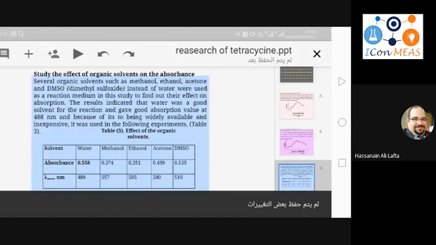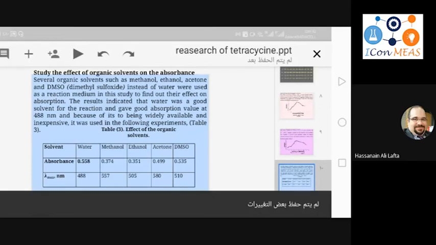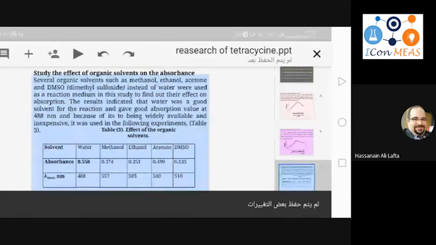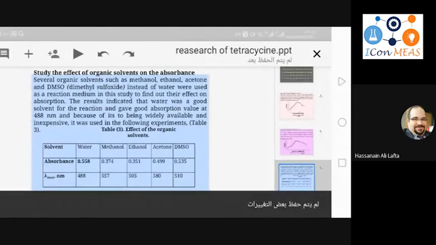The results indicate that water was a good solvent for the reaction and gave a good absorbance value at 488 nanometer, and because it is widely available and inexpensive, it was used in the following experiments. Table 3 shows the results.